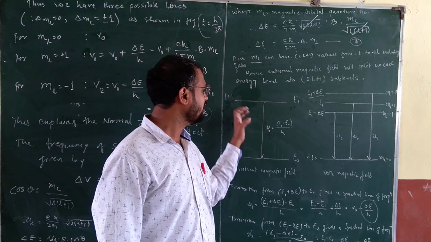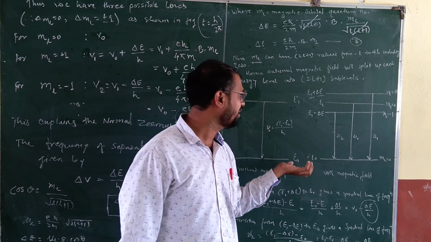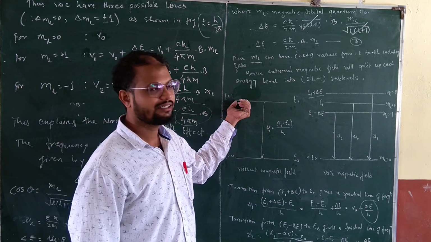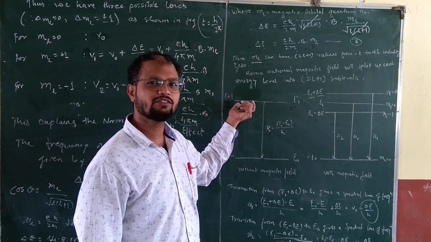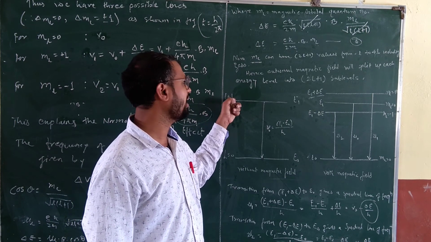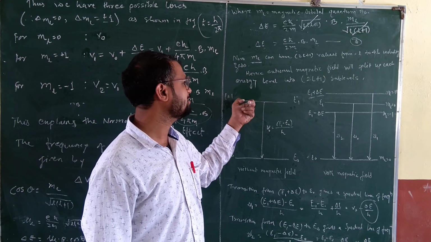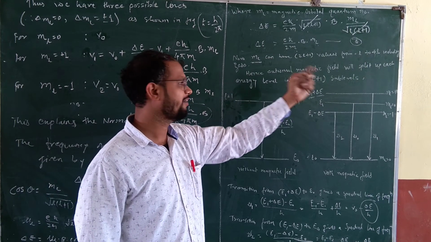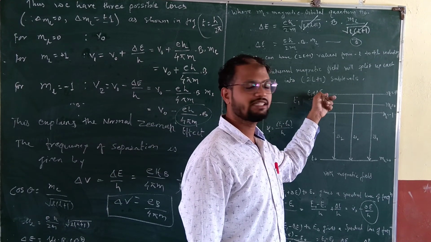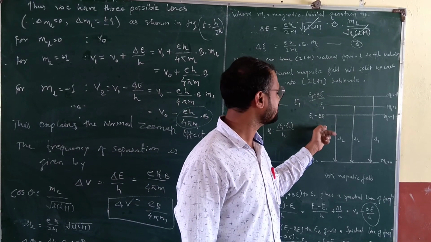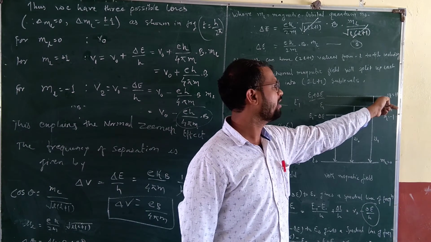When we apply a magnetic field, the energy is split into twice l plus 1. Here the value of l is equal to 1, so this level is split into 3 sub energy levels, of energy E1 plus del E, E1, and E1 minus del E.